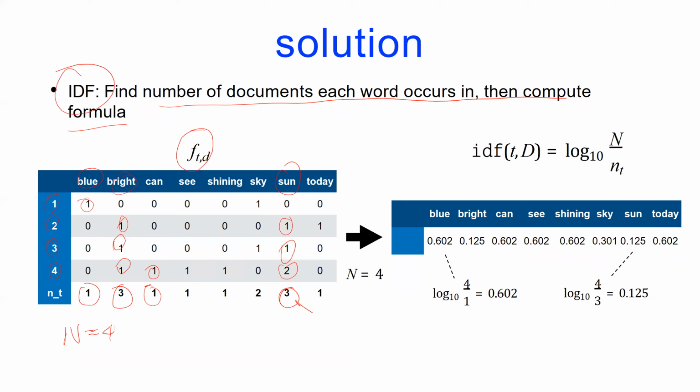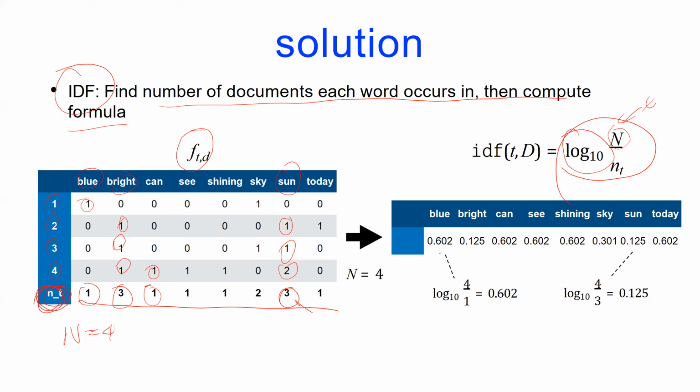So now we have NT, how many documents contain that particular term. Then we plug into our formula, where capital N is equal to 4. Capital N divided by NT, then you take the log base 10.